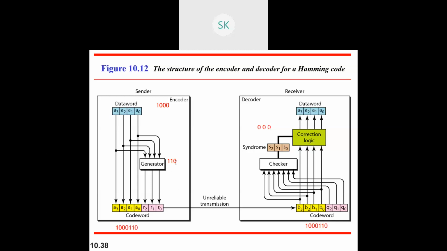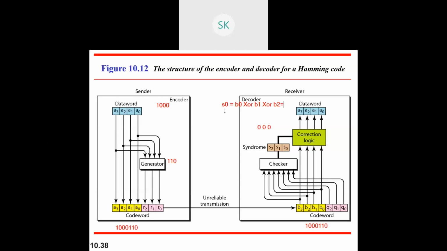See, with respect to your first bit, you will be saying A0, A1, A2. If you take it, you XOR this. Whatever resultant you get will be nothing but S0. S0 will be computed based on your B0 XOR with B1 XOR with B2.